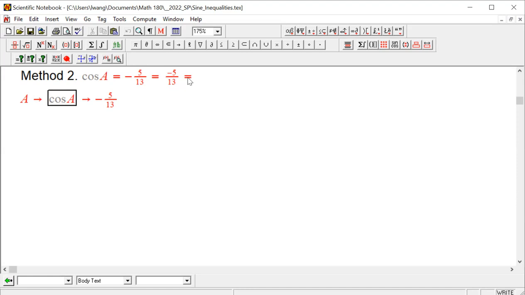By definition, we have x over r. What does that tell us? X is negative 5, r is 13. There you go. So according to this information, we're going to draw the picture.